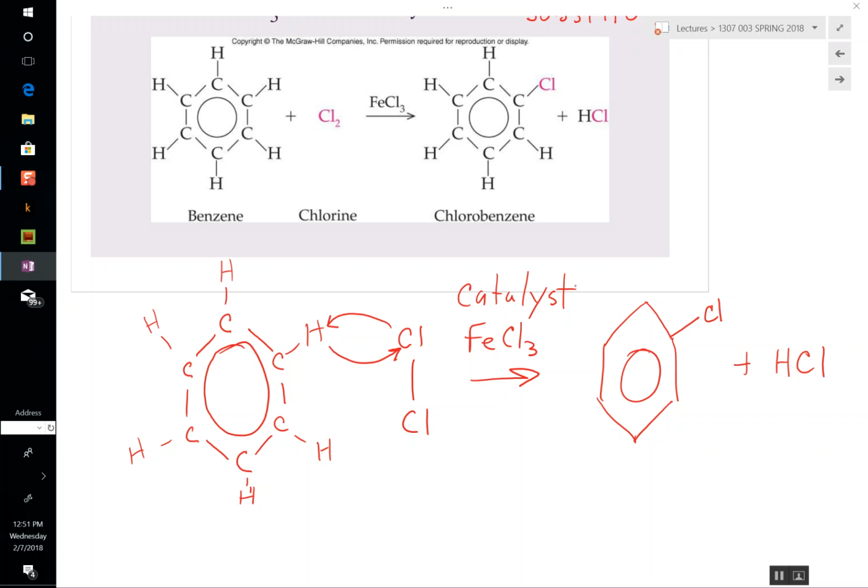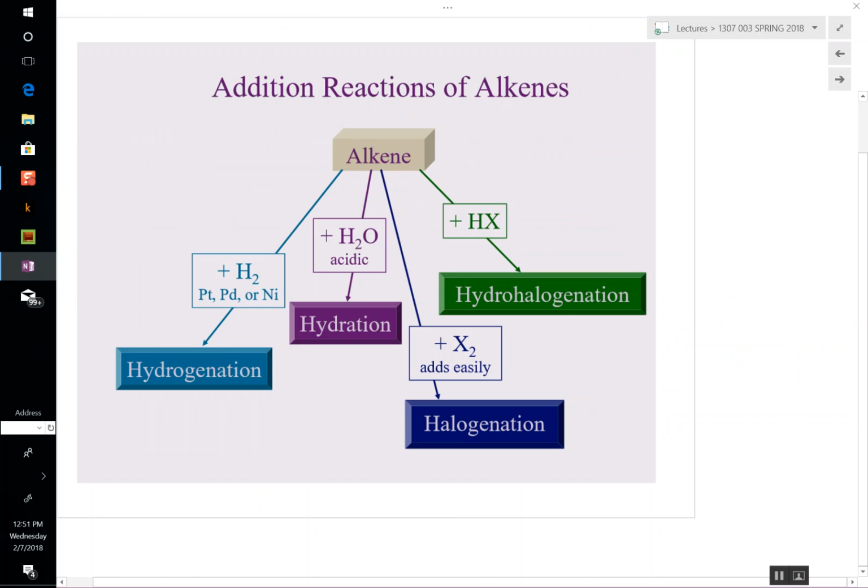There are other reactions. At the end of the chapter, it shows the reaction with nitric acid to form nitrobenzenes, and I think there's one or two other reactions mentioned there, but this is one that you should keep in mind.